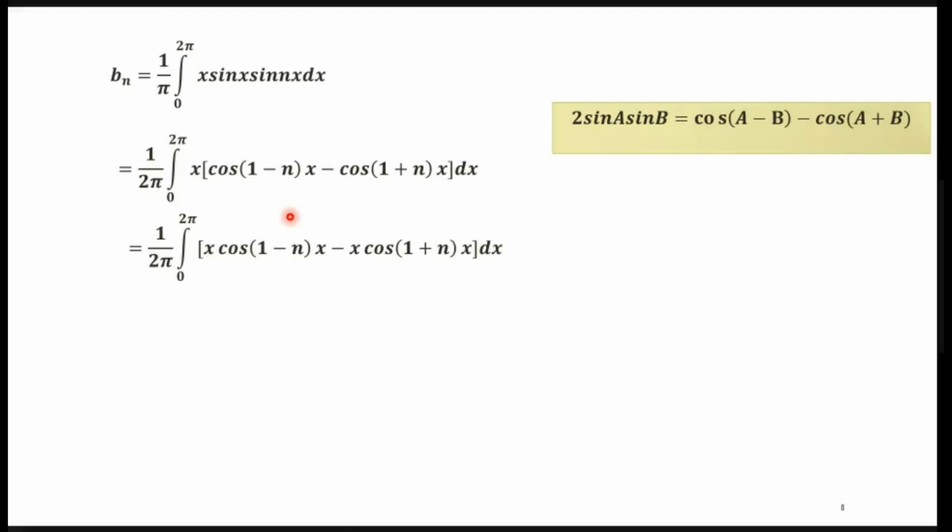Again apply u into v for both the terms. यहाँ पे u into v, यहाँ पे भी u into v. By taking x as u and cos function as v. So writing u integral v. तो क्या होगा?